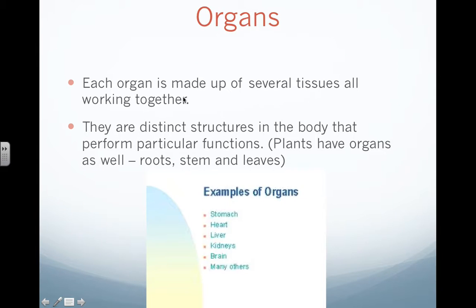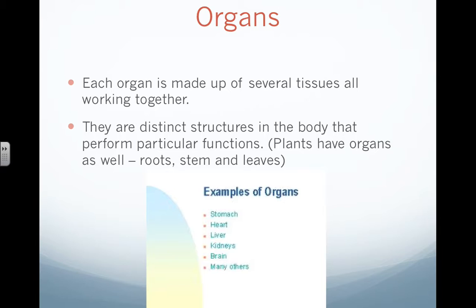So that's connective tissues. If we want to look farther down this level of organization, we've looked at cells, we've looked at cells forming tissues, and now we take several of these tissues and they're going to form organs. These tissues all work together to form that organ.